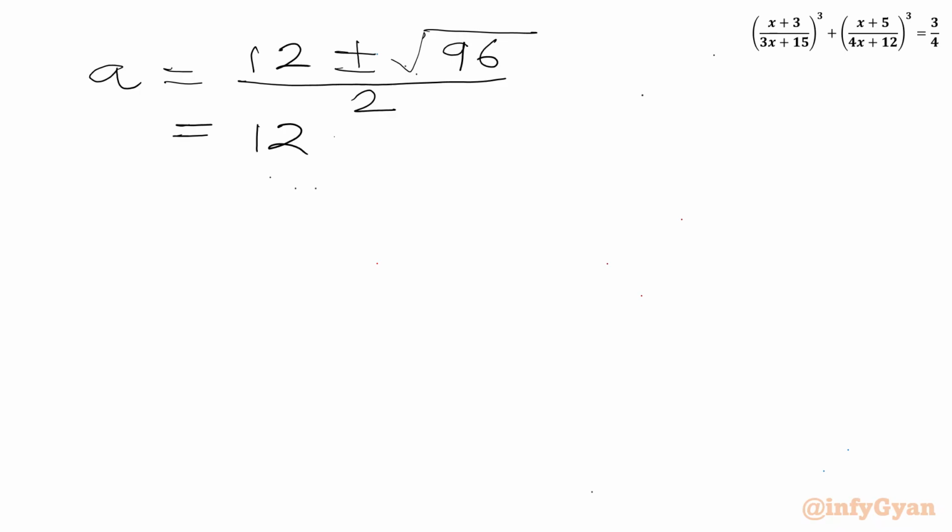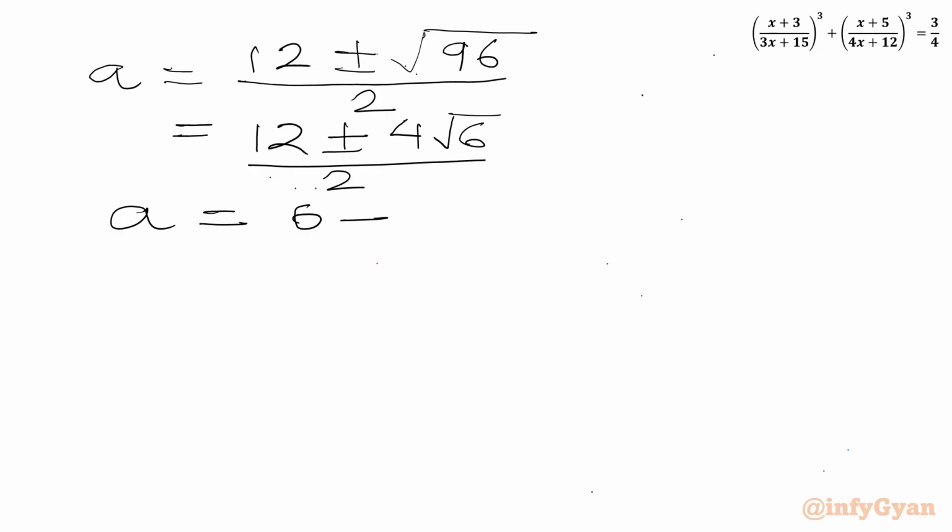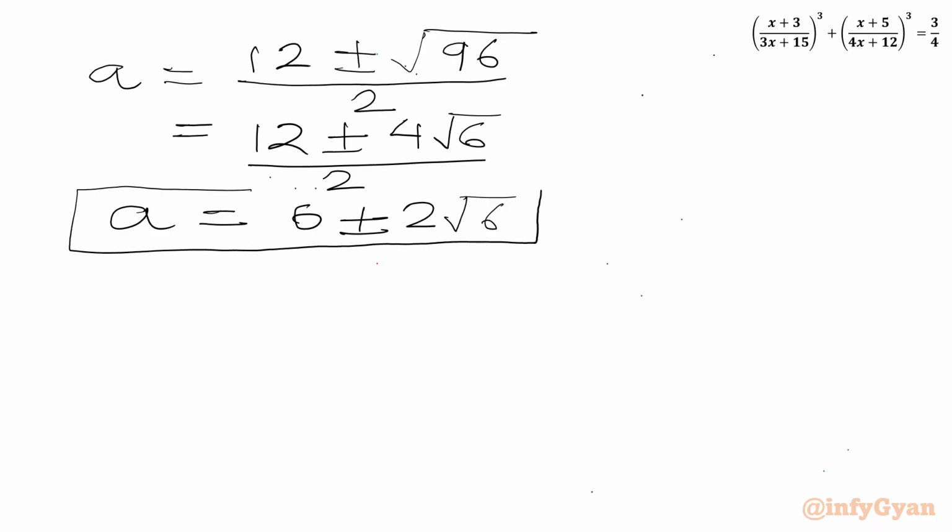So I will write 12 plus minus 4 square root 6 over 2. So from here we will be having 6 plus minus 2 square root 6. So we are getting two a values, 6 plus 2 root 6 and 6 minus 2 root 6.